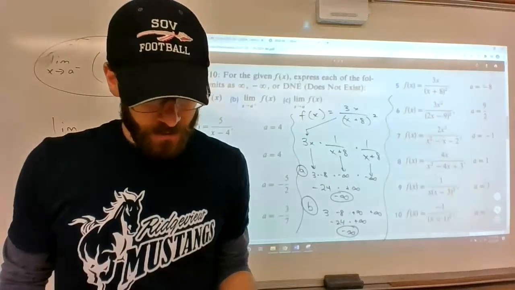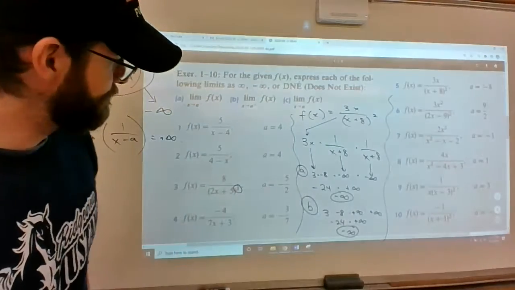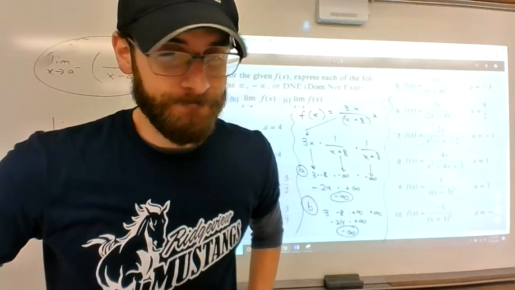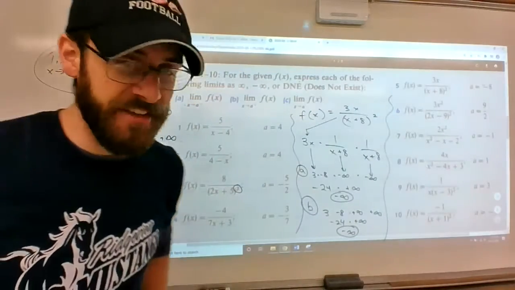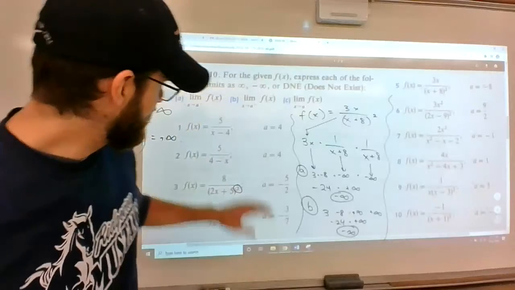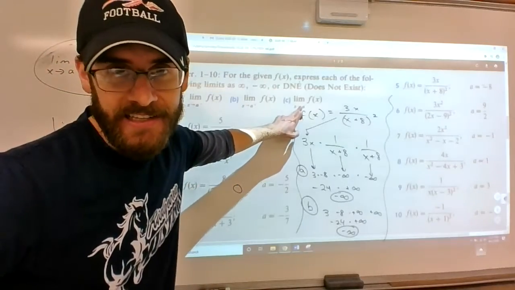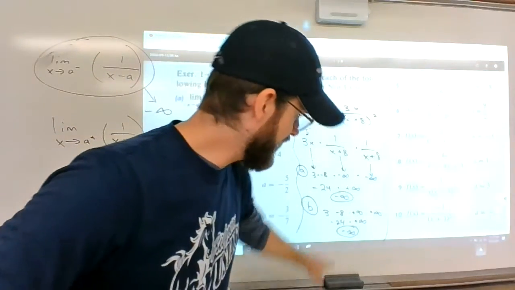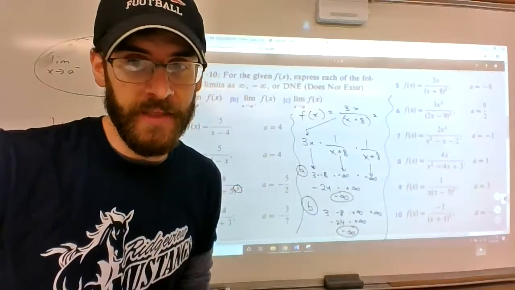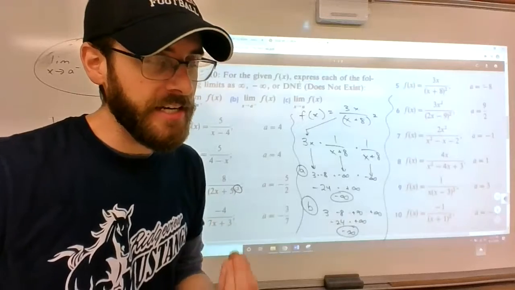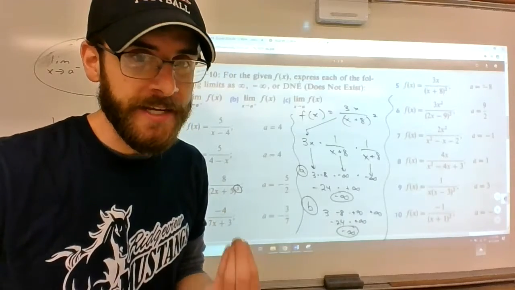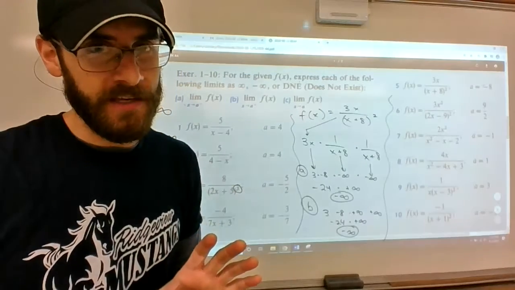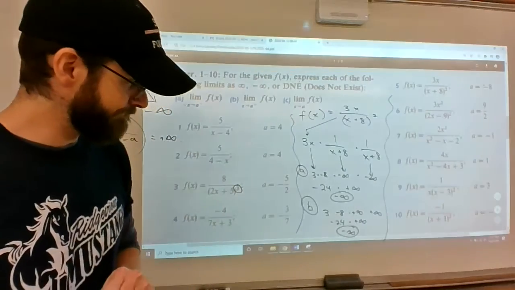Oh no. Well, it appears as if we're trying to say that at A, it is negative infinity. And I get where he's coming from on this. But they're not converging to a specific value. So I'm going to have to just disagree and say it does not exist.